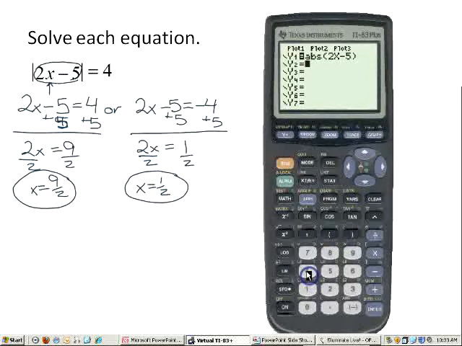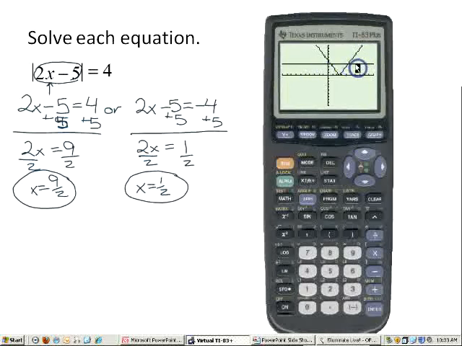Then I put the right side of the equation in y2. So y2 would equal 4. Now, I want to look at a standard window. So I do zoom 6, and I see the first graph. The V-shaped graph is the absolute value graph.